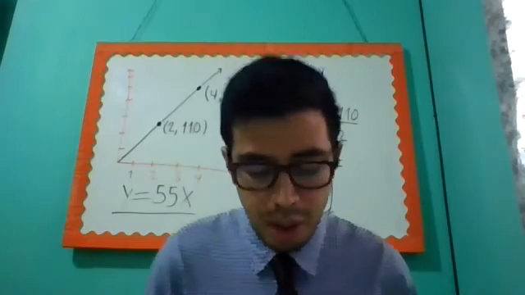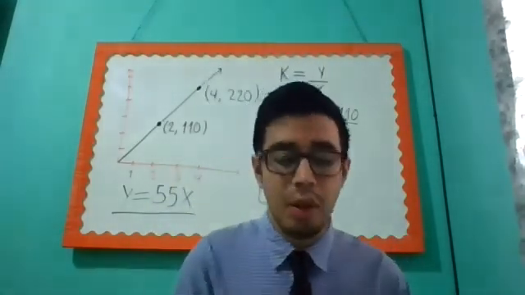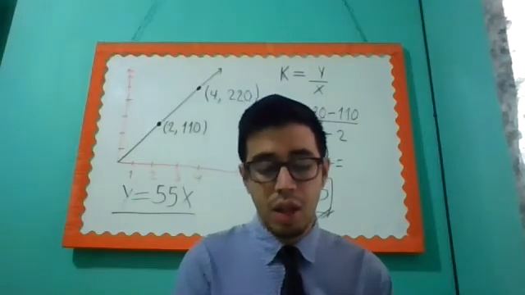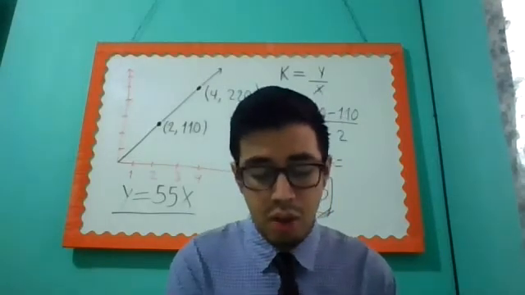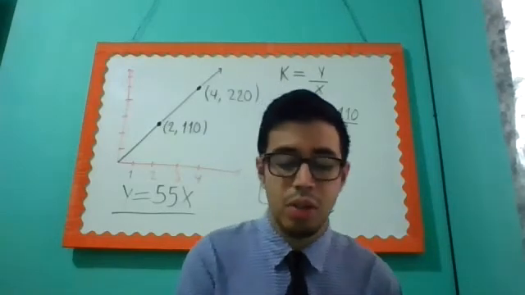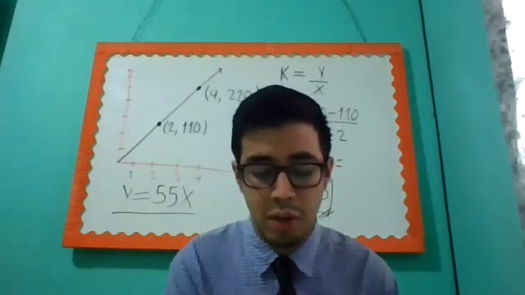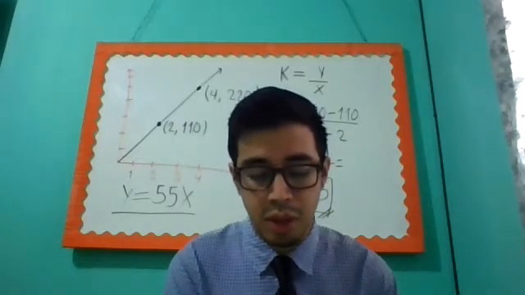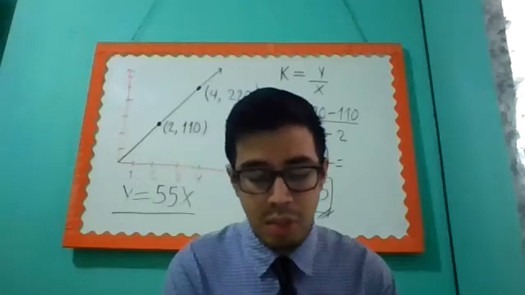Exercise number 5. The scale of a model airplane is shown in the graph. We need to find the slope of the line using y2 minus y1 divided by x2 minus x1. What does the slope mean in the problem situation?